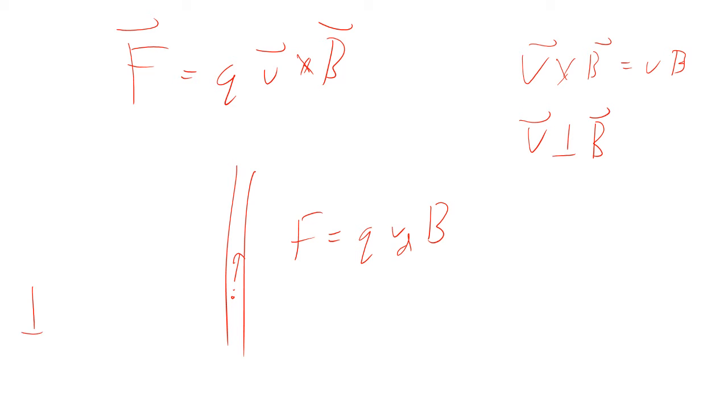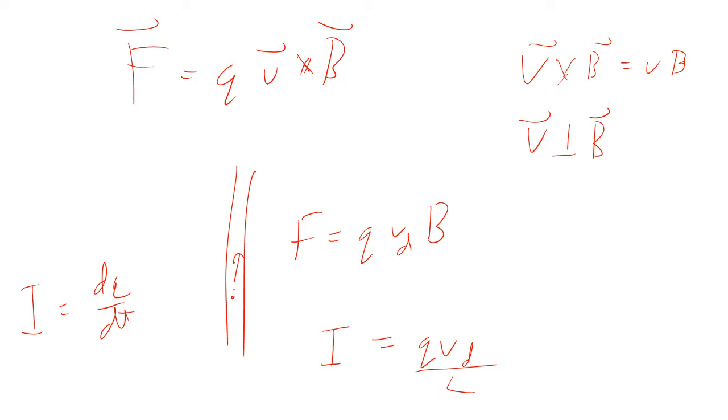Now remember, current was dQ/dt, but we also derived that for a wire we could say that the current is equal to Q times V sub D, divided by L. In other words, Q over L, so it's the lambda.